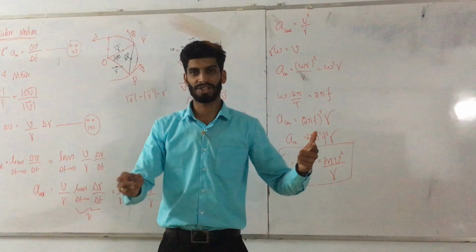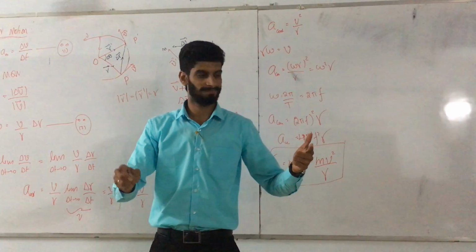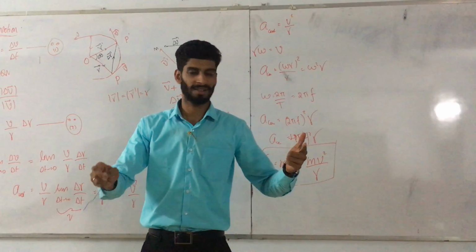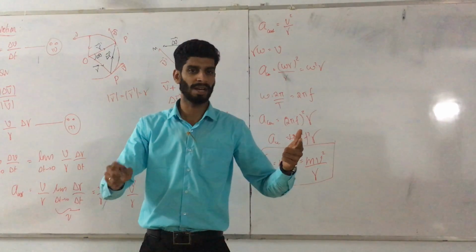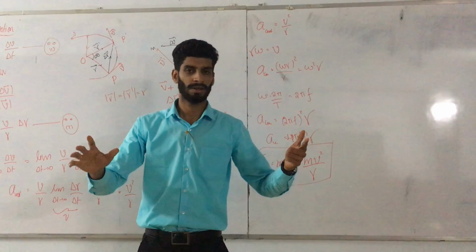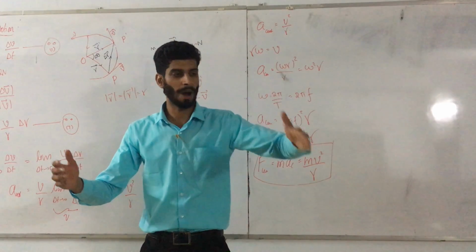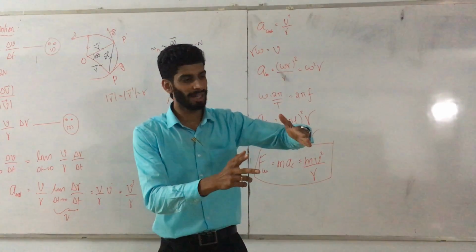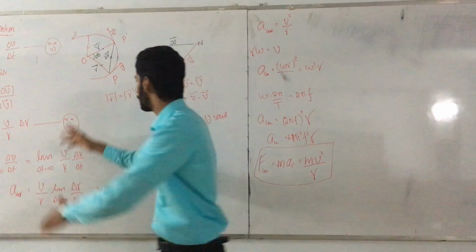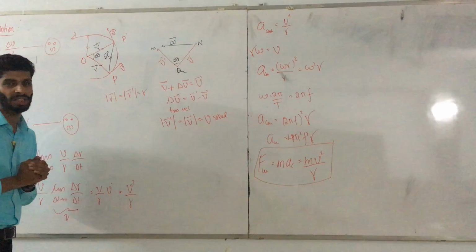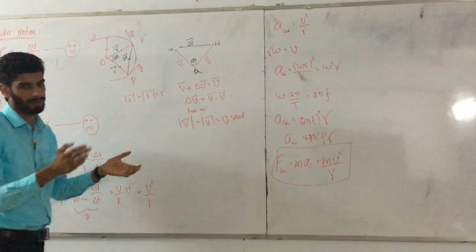I think I can drop over here. I will do it. So I just dropped here. I just broke the string, and it moved in the direction of the tangent. I told you, at any point if you draw the tangent, that's the direction of the velocity. That's the direction of the motion of the ball.